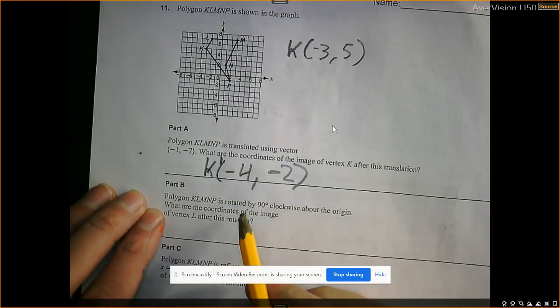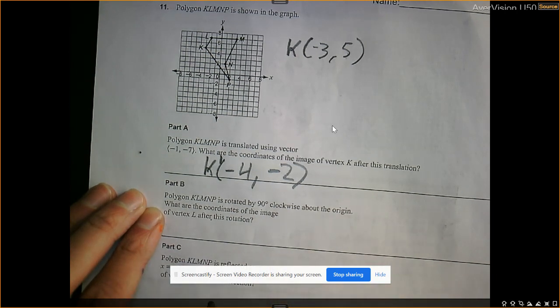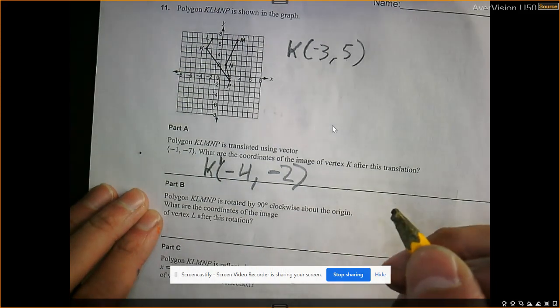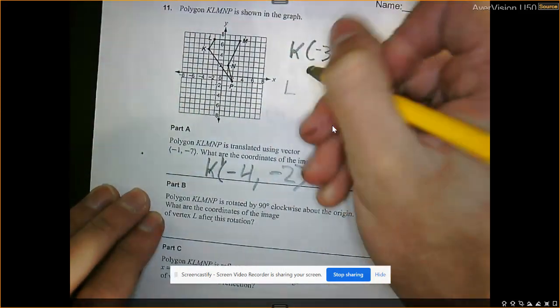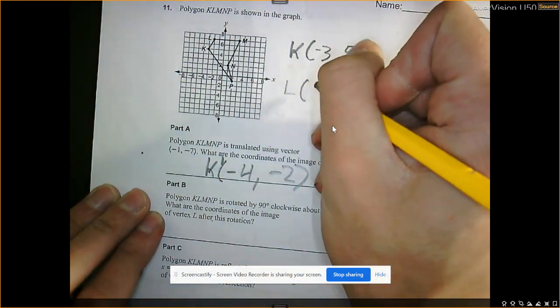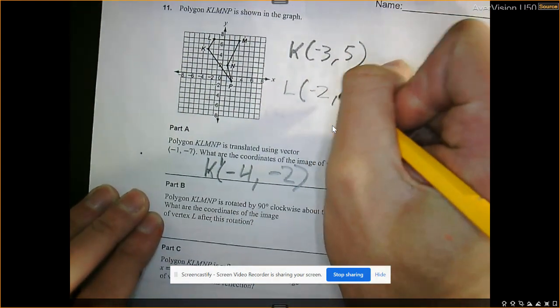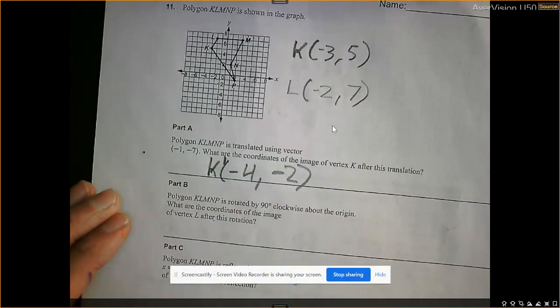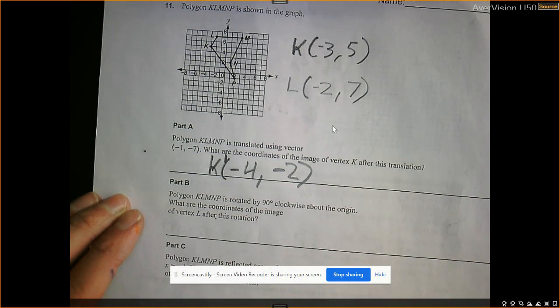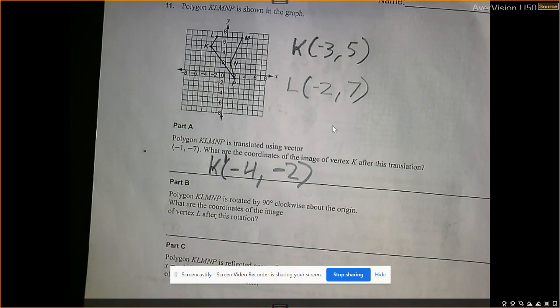Now it's asking if it was rotated 90 degrees clockwise about the origin, what are the coordinates of the image of L? So again, I'll go up here, find what L is. L is at (-2, 7). And now if (-2, 7) is getting rotated 90 degrees clockwise, that's the same as 270 degrees counterclockwise.